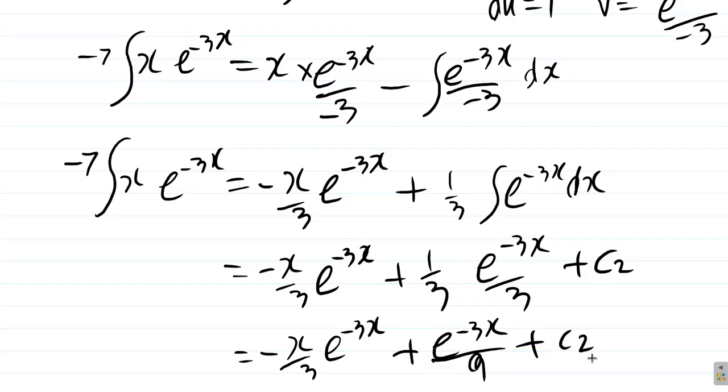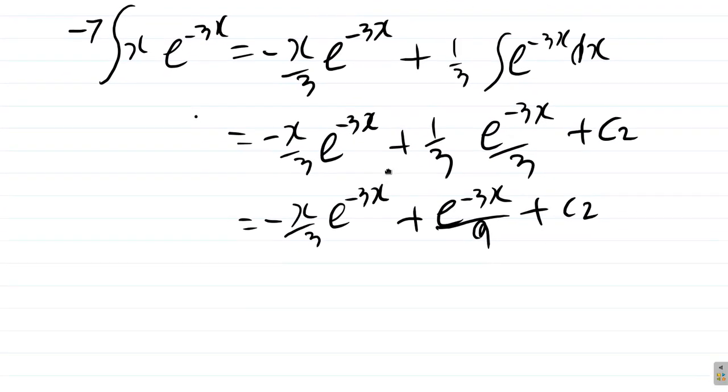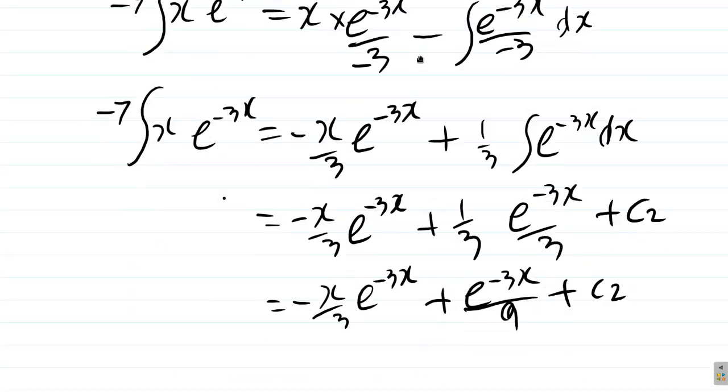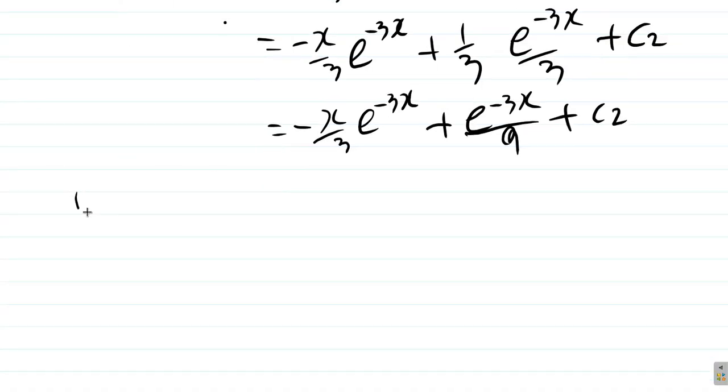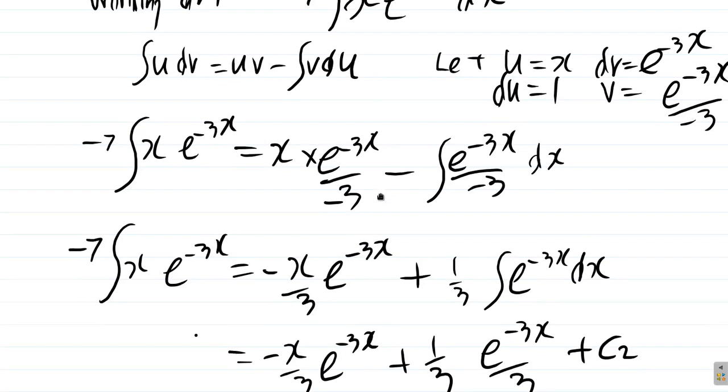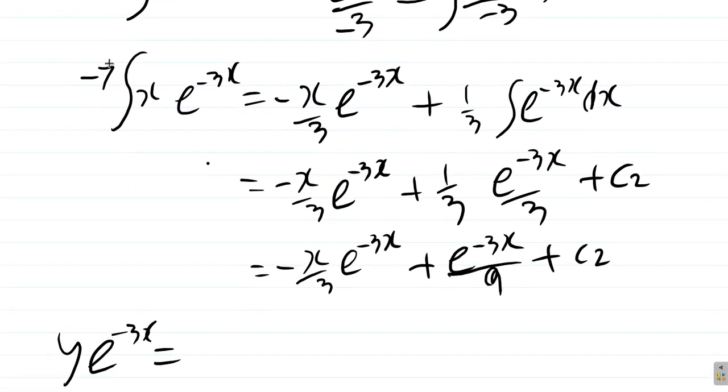The other constant of integration. Now let's put everything together. y e to negative 3x equals, now this, oh, negative 7.